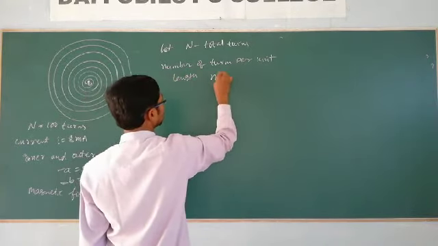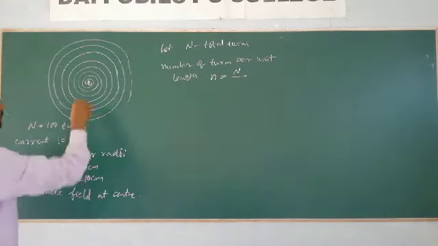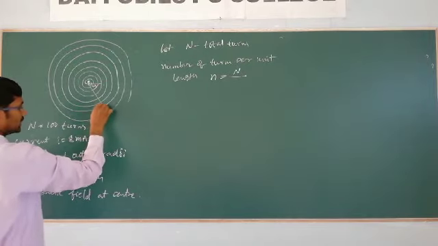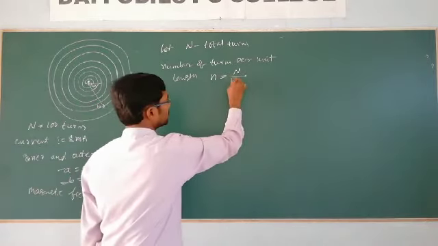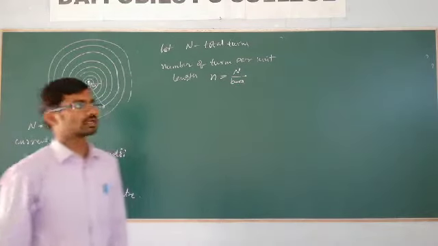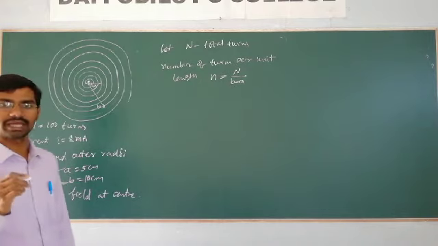That is n is equal to N by the length, from inner radius A to outer radius B, so B minus A is the length.